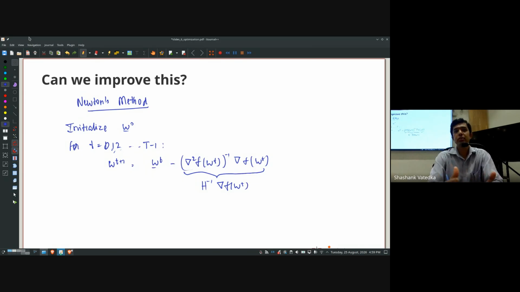But it's not just enough to compute the Hessian, you also have to compute its inverse. If W is in R^d, then the Hessian is a d by d matrix, so inversion requires order d cubed time. And for a reasonable model which has a million parameters or a billion parameters, that's practically not possible.